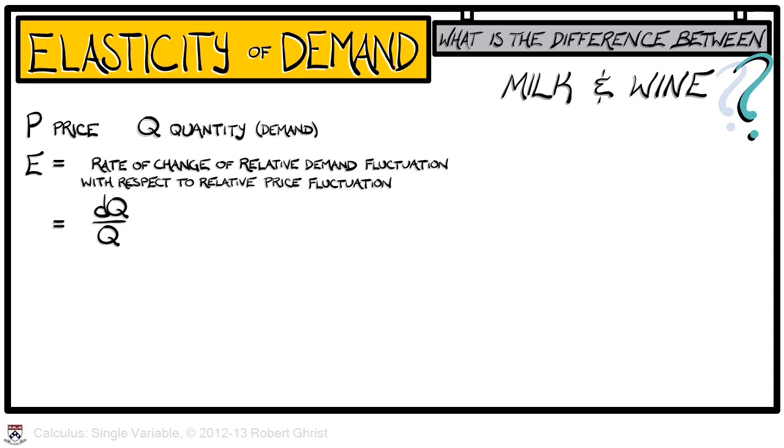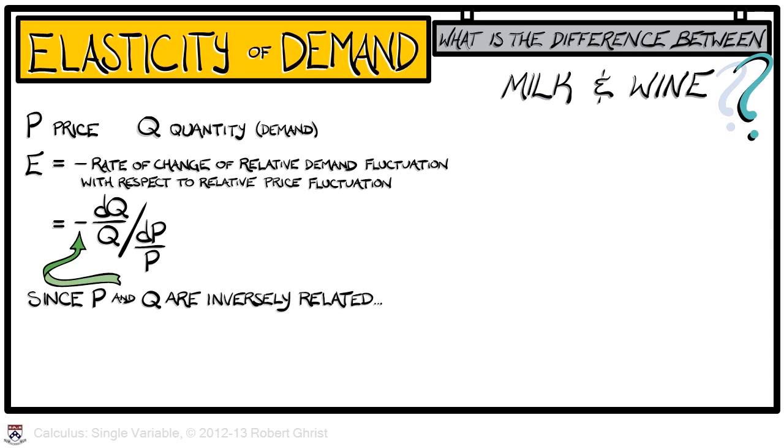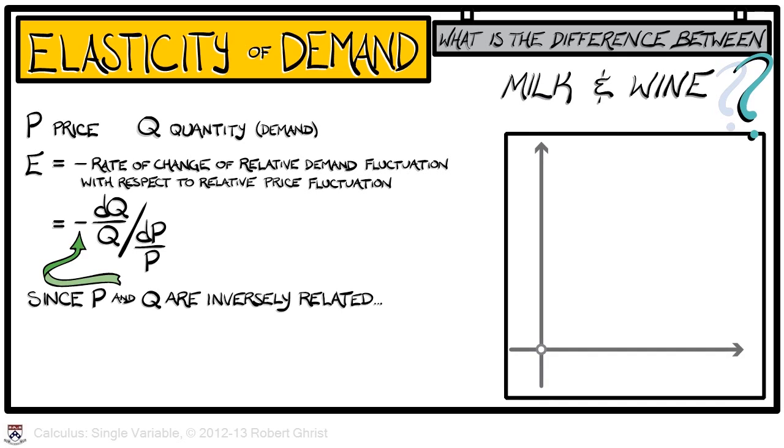That is dQ over Q divided by dP over P. We're going to put a minus sign in front of this since price and quantity are inversely related.